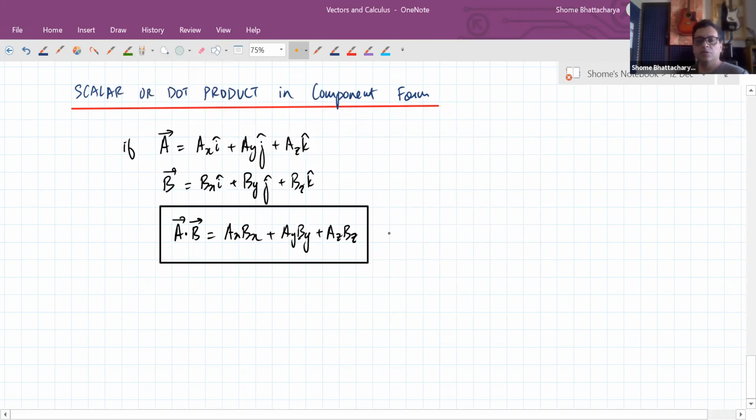So this particular formula, as you know, comes from very simple properties of dot products. One is the distributive property.